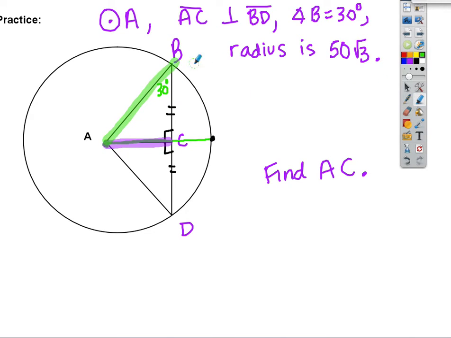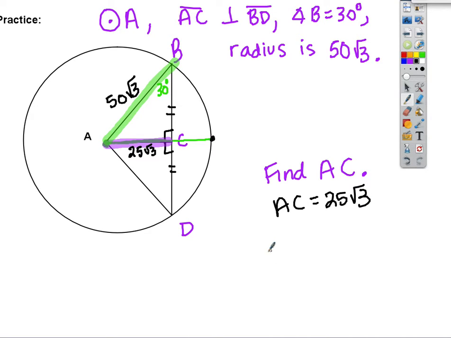From A to B, that's a radius, so that's 50 root 3. If you look, I have a 30-60-90 right triangle. Here the hypotenuse is 50 root 3. Half of that would be 25 root 3. So AC equals 25 root 3.